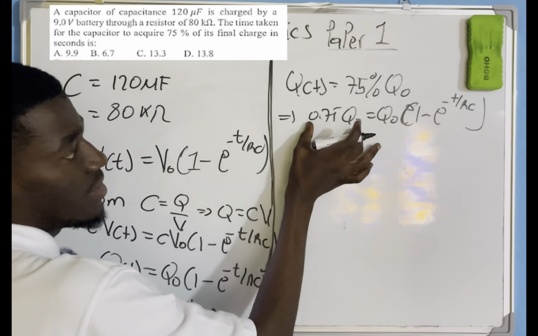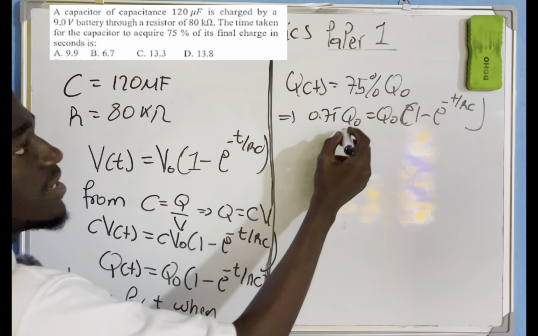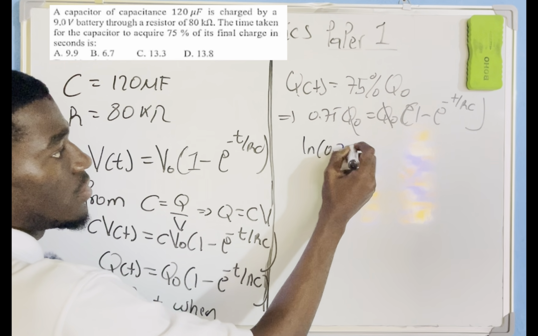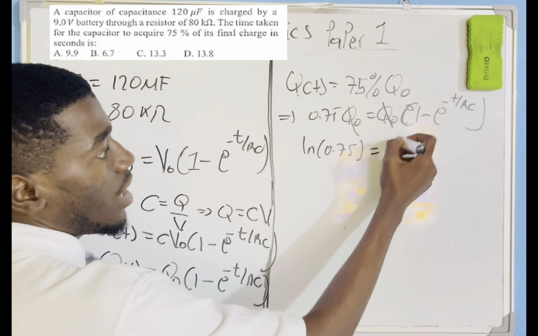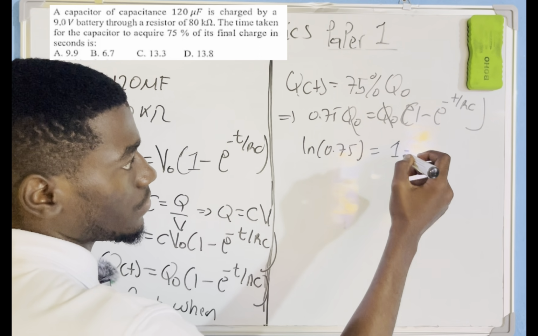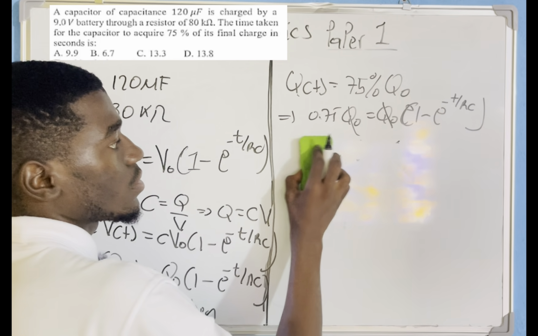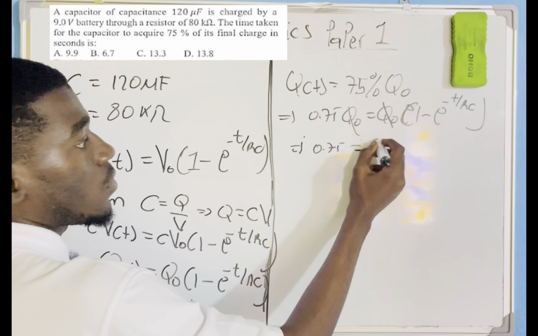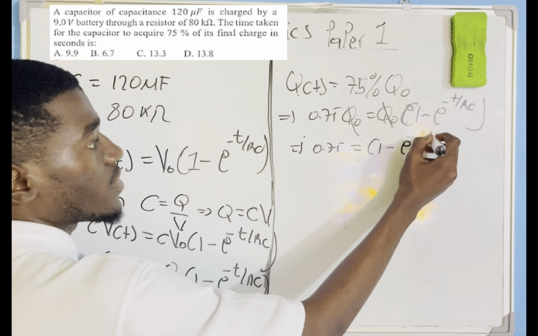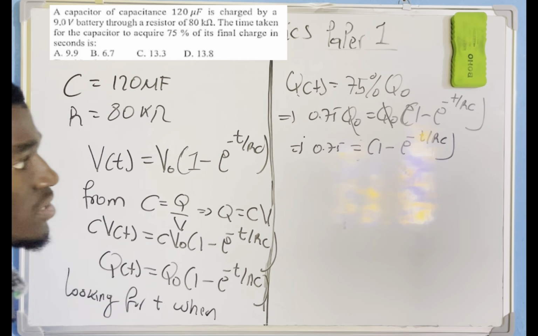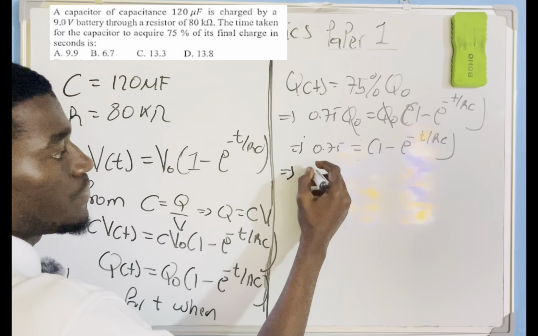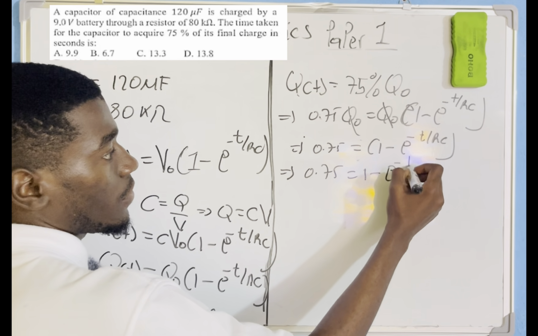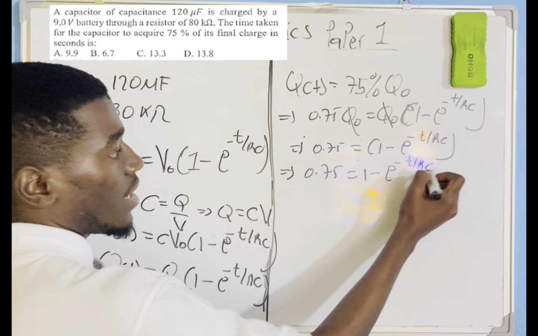So this Q0 cancels here. This implies 0.75 equals 1 minus exponential of negative t all over RC.